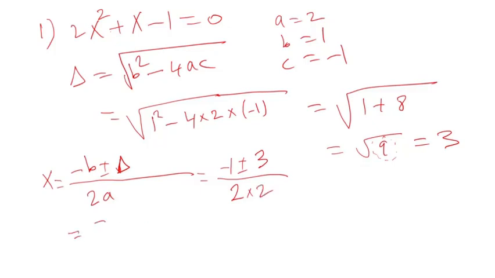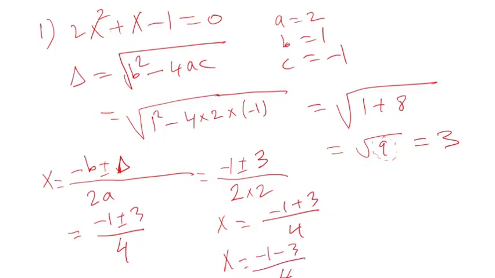So x is equal to minus 1 plus minus 3 divided by 4. That means x is equal to minus 1 plus 3 divided by 4, or x is equal to minus 1 minus 3 divided by 4. So minus 1 plus 3 is 2 divided by 4 is 1/2. Minus 1 minus 3 is minus 4 divided by 4 is minus 1.